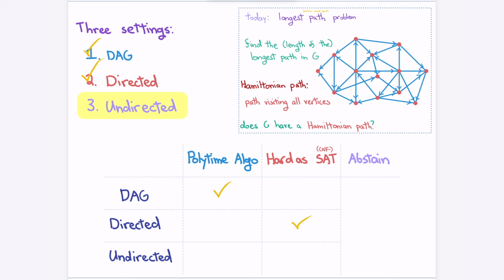1, 2, 3, 4, 5, 6. Okay, 6. And then who thinks we'll get an algorithm? 1, 2, 3, 4, 5. Wait, no, we're missing a vote.